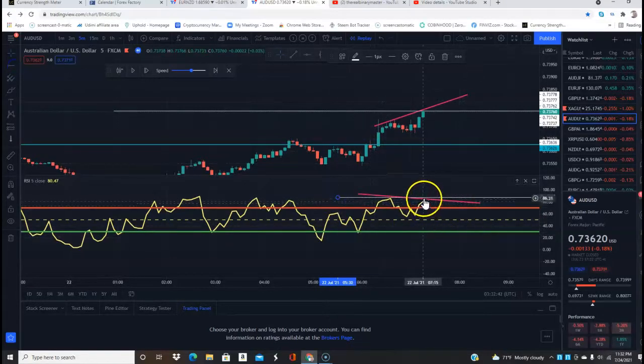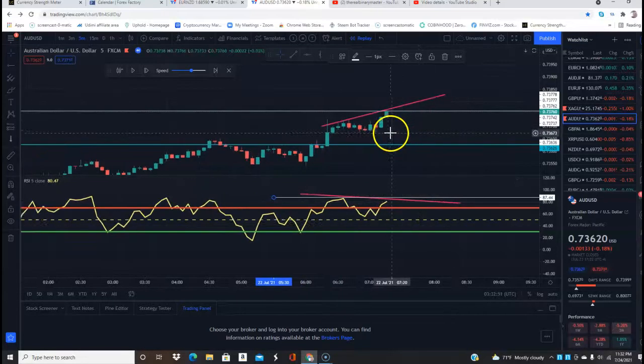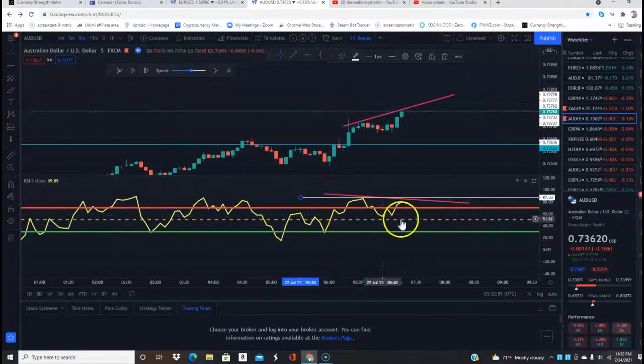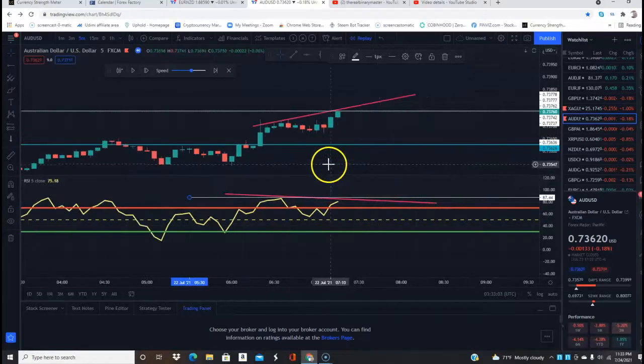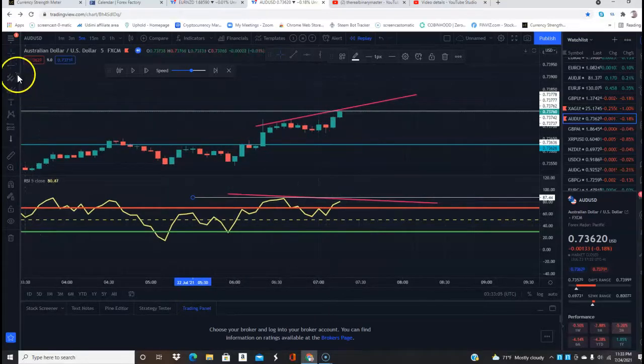And although price created a higher high here, the RSI said, we're not buying this. The momentum isn't there. That's what this oscillator is telling us, and price action is telling us two different things between the RSI and price action. So we'd be looking for sells in this area.